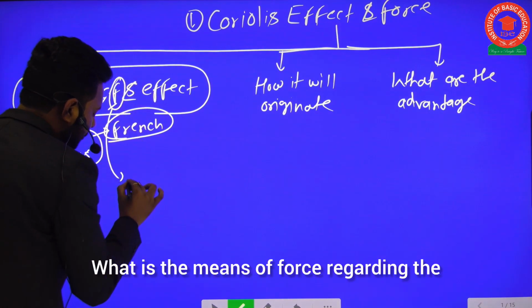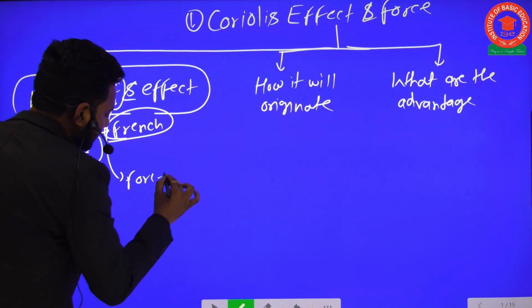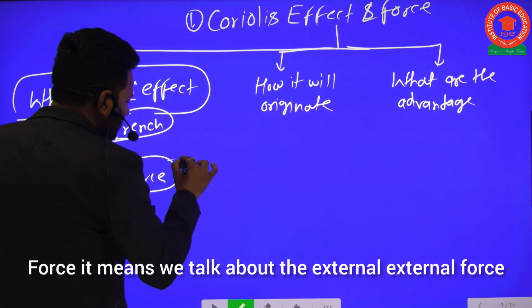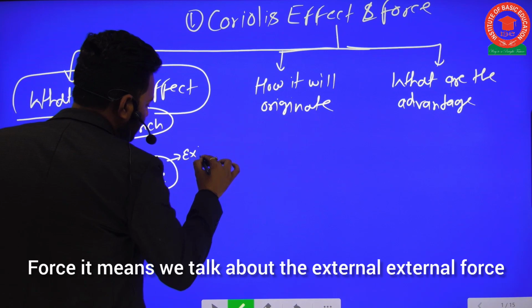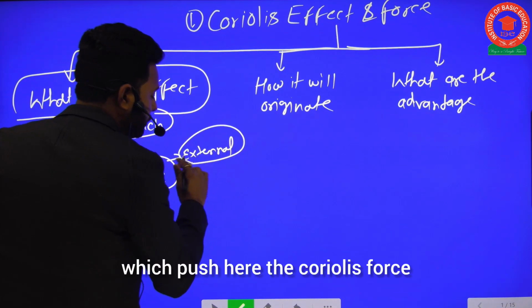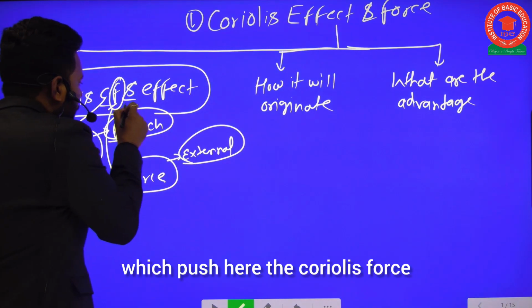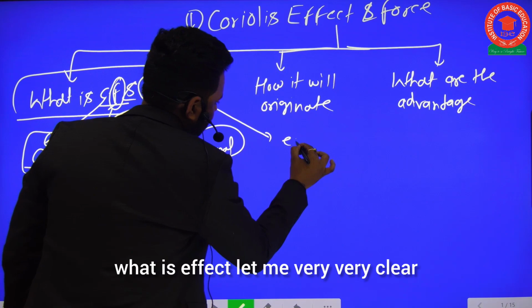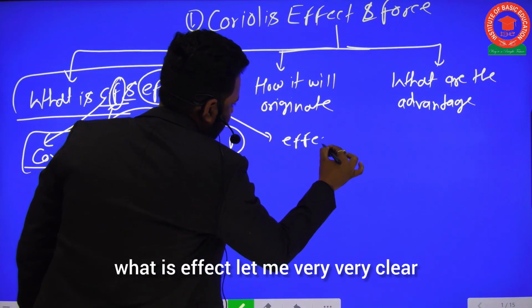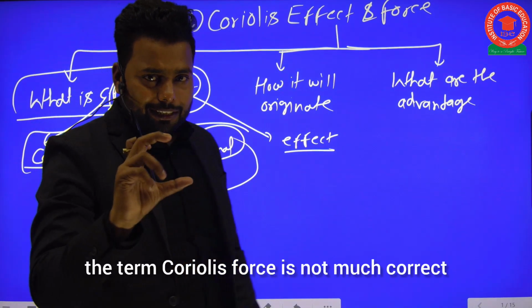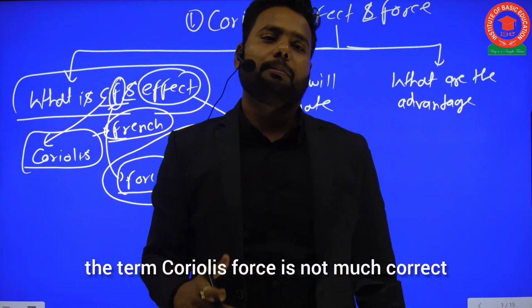What does force mean in the context of the wind system? Force means an external force which pushes. Here the first term is Coriolis force, and the second term is the effect. What is effect? Let me be very clear. The term Coriolis force is not much correct.